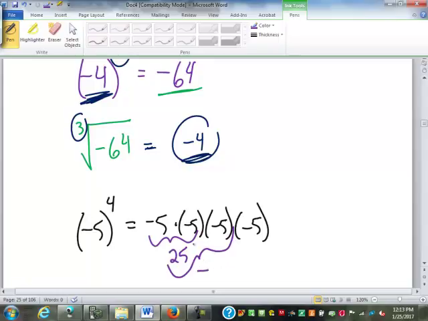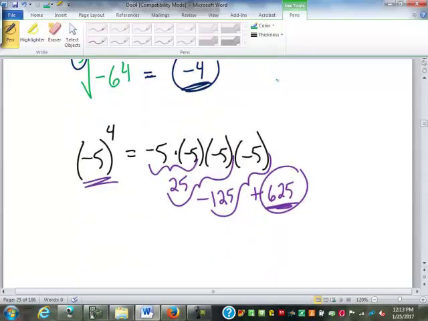Negative, and 25 times 5 is 125. Now I have to multiply that negative 125 times the last negative 5, positive or negative? Positive, and 125 times 5 is 625. Negative 5 to the fourth power is a positive 625.